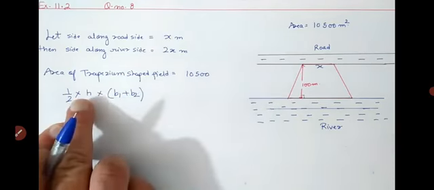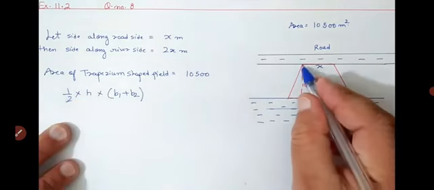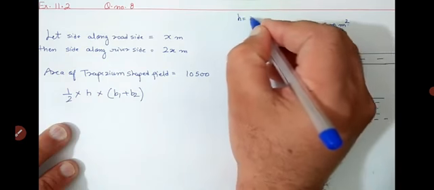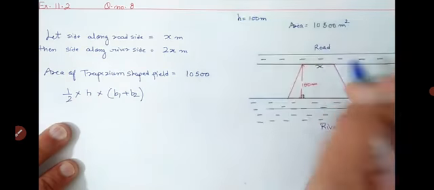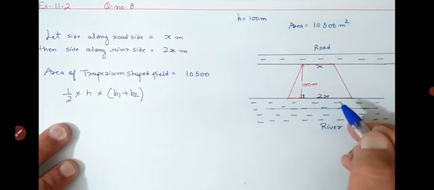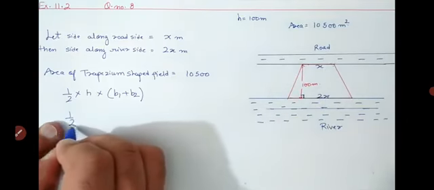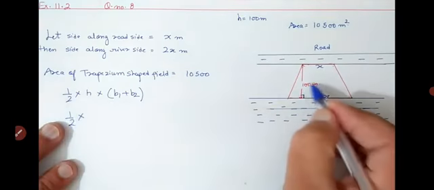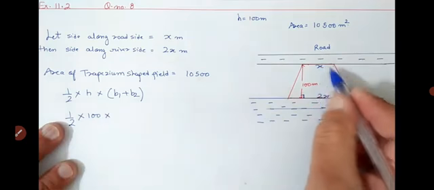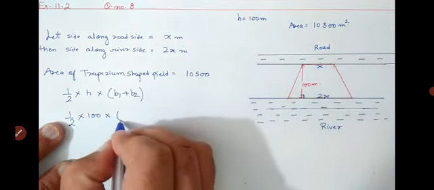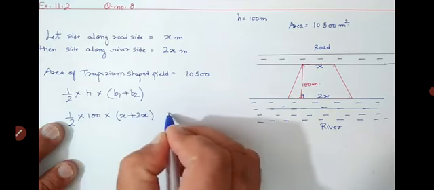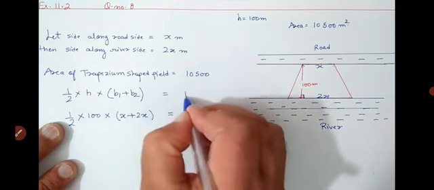Okay, h is given 100 meter, b1 we know x, and b2 is 2x. Okay, so let's write 1/2 into h is 100 into b1 is x and b2 is 2x.